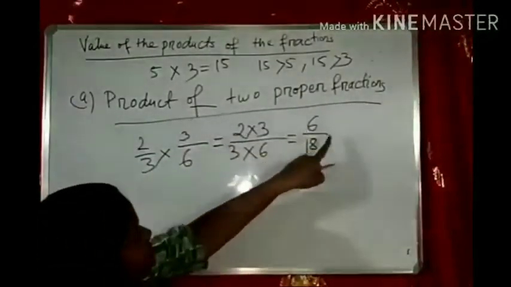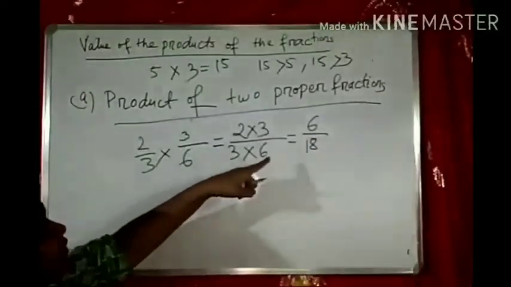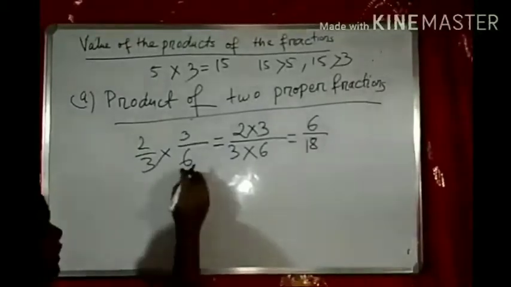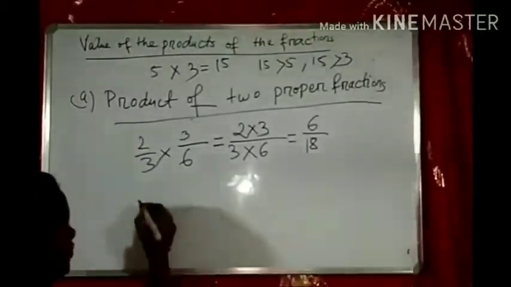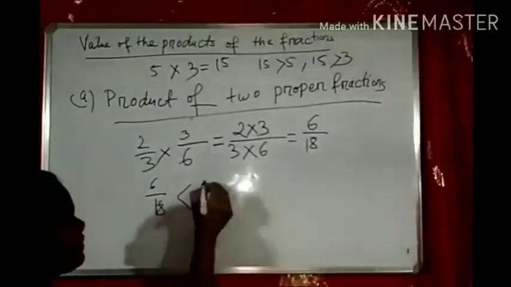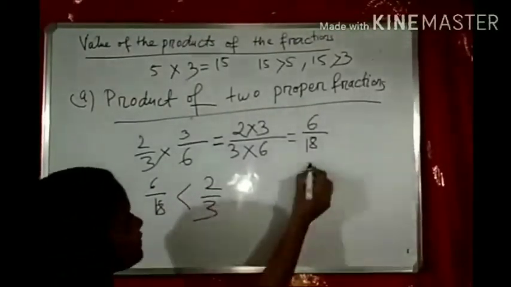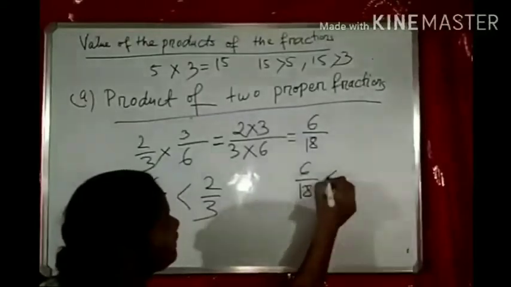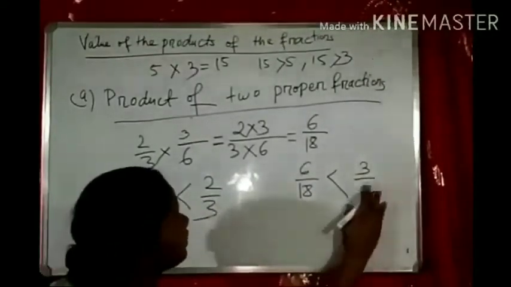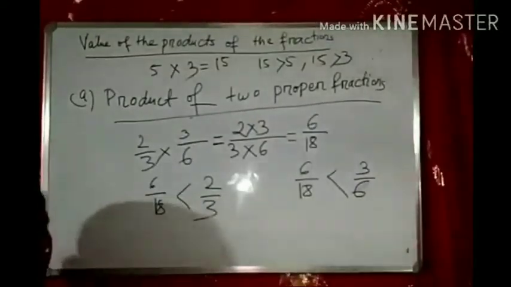The product of two proper fractions is less than the fractions we have multiplied. So what we'll get? 6 by 18 is lesser than 2 by 3. 6 by 18 is lesser than 3 by 6. Let's verify.